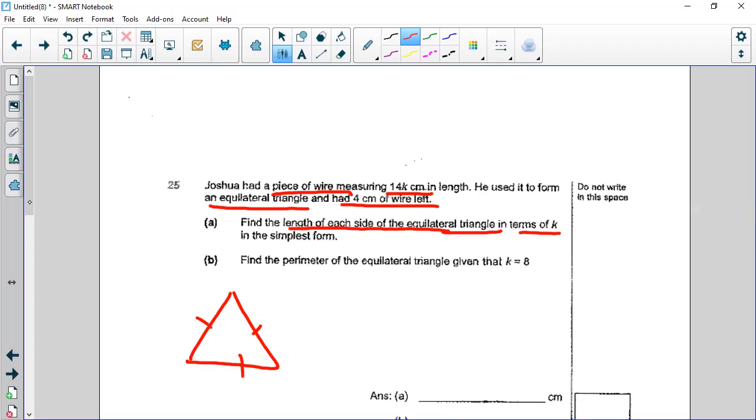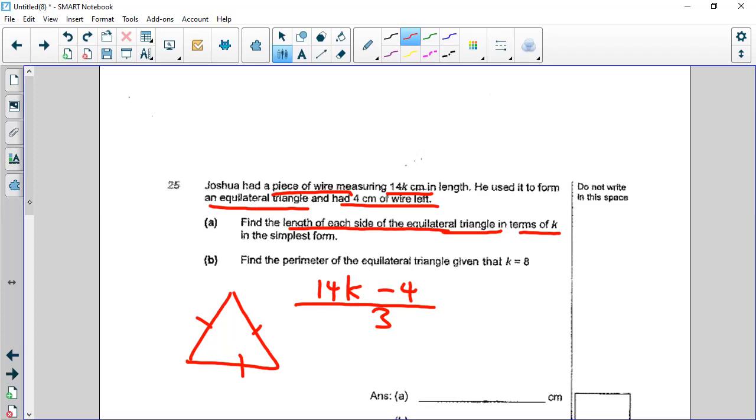So you should take the length of the wire at first and minus away how much is left, 4 cm. That is the length of wire used to make the triangle. After you minus 4 cm, you have to divide by 3 to find how long one side is.